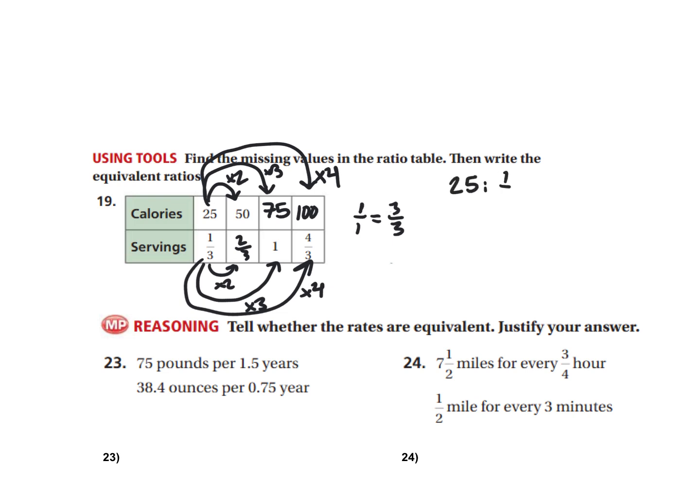Take all of your table and write them out. And at this point, we can kind of label these as calories and servings. So 50 calories every 2/3 serving, 75 calories every 1 serving, and 100 calories for every 4/3 servings. If it was asking where's the unit rate, right there, because we're comparing to 1.